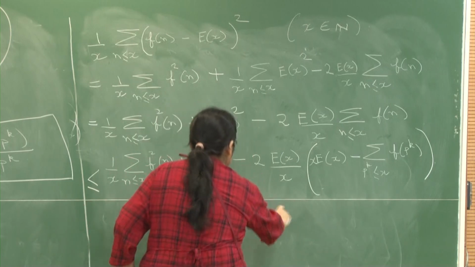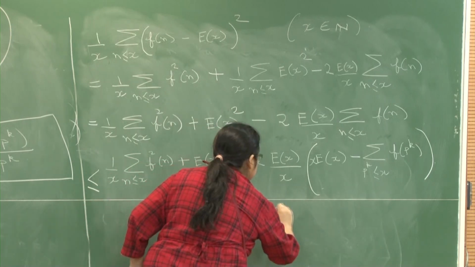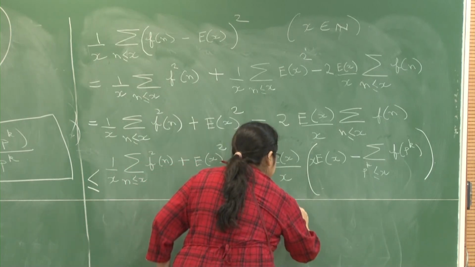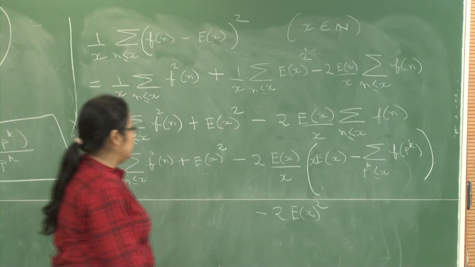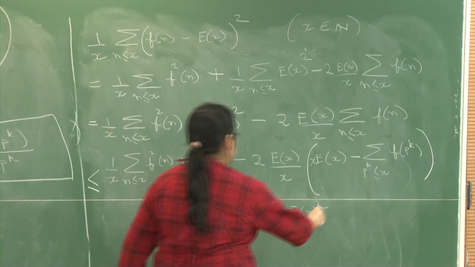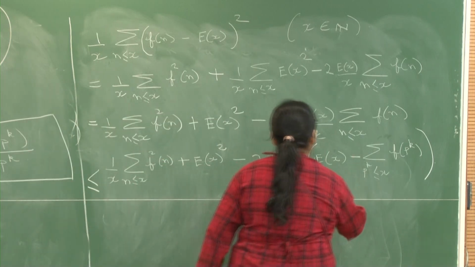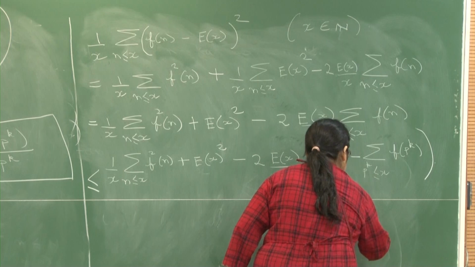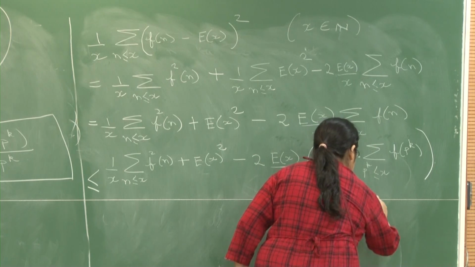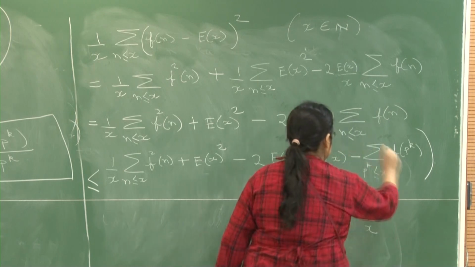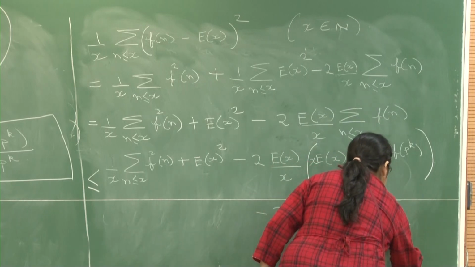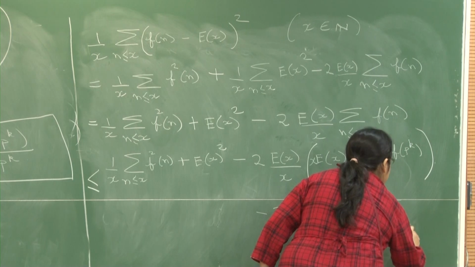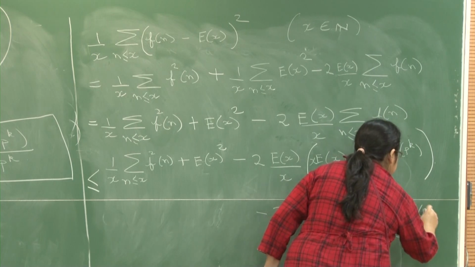So, you will have minus 2 E of x whole square, plus 2 E of x over x summation p raised to the k less than or equal to x f of p to the k.